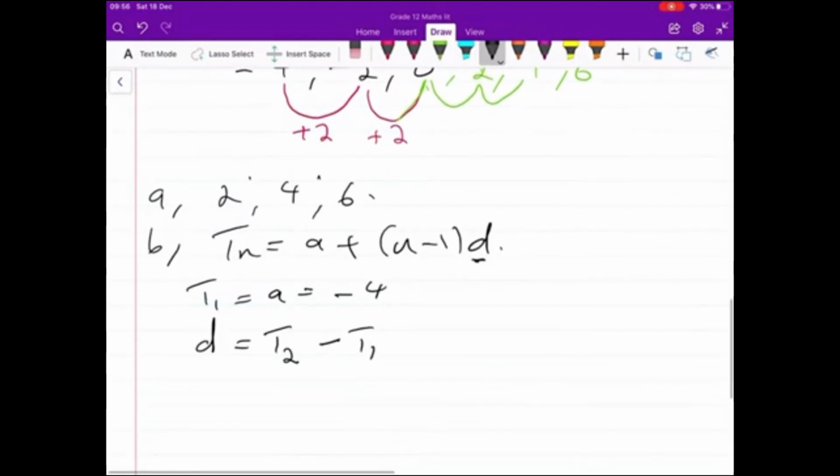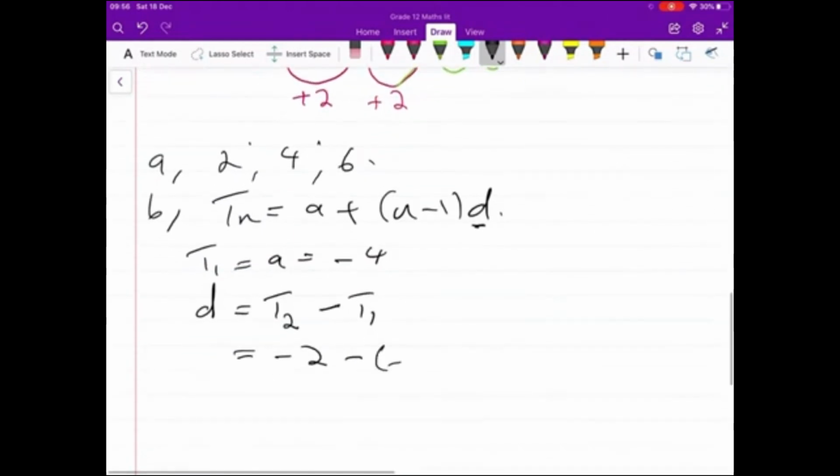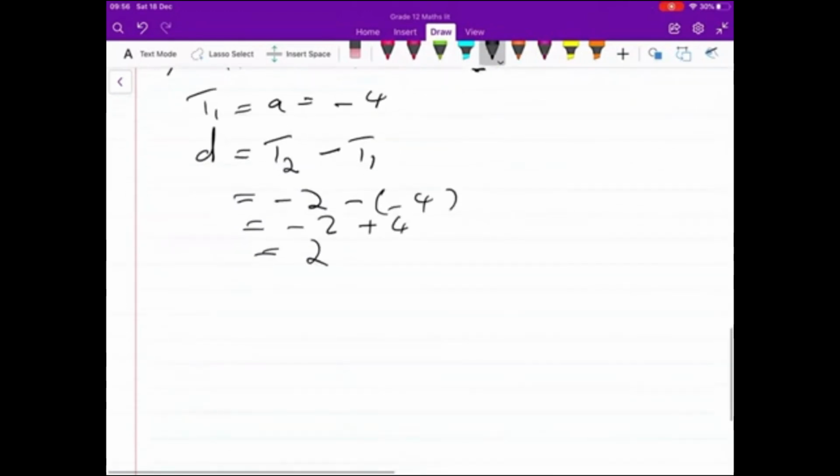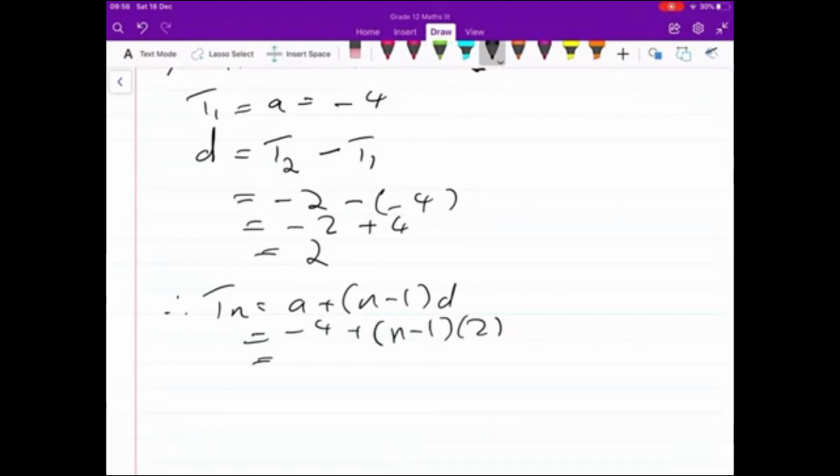So the second term here would be minus 2, and the previous term would be minus 4. That is minus 2 plus 4, which is 2. And therefore we are ready to find our general formula or our nth term. Our first term was minus 4, this is n minus 1, and our common difference was 2. So that is minus 4 plus 2n minus 2, so that we have 2n minus 6.